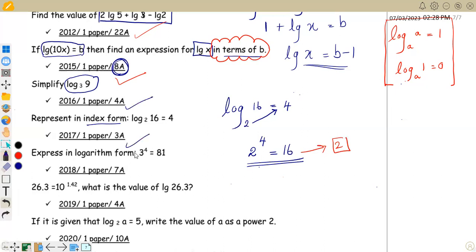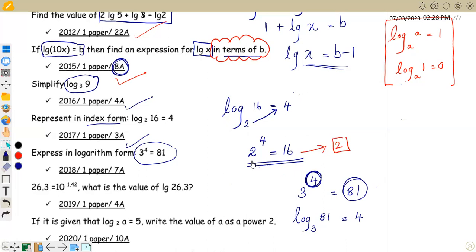In 2017, you have to express the value given in index form into log form. 3 to the power of 4 equals 81. The logarithm base is 3, so the base of the log form is also 3. The answer in the index form is written within the log term in the log form.